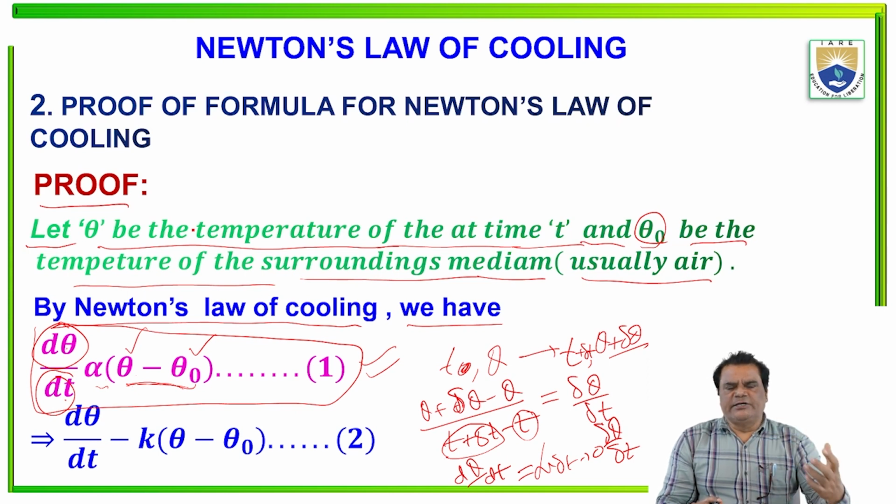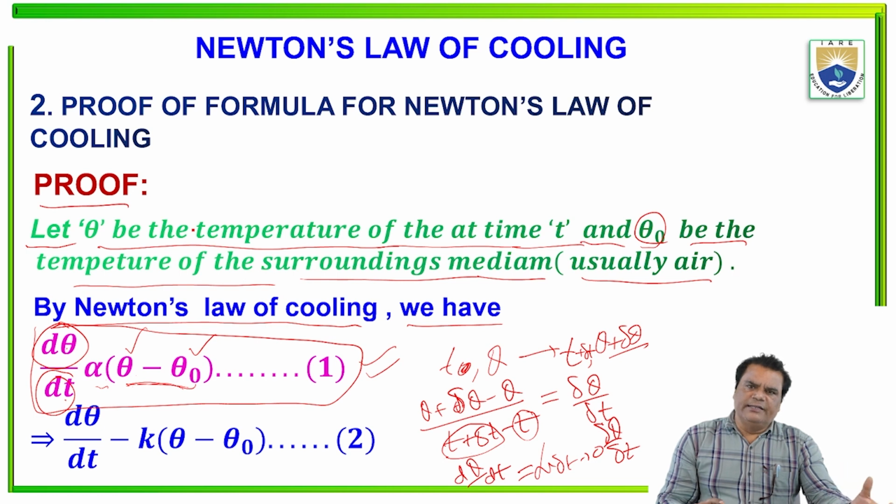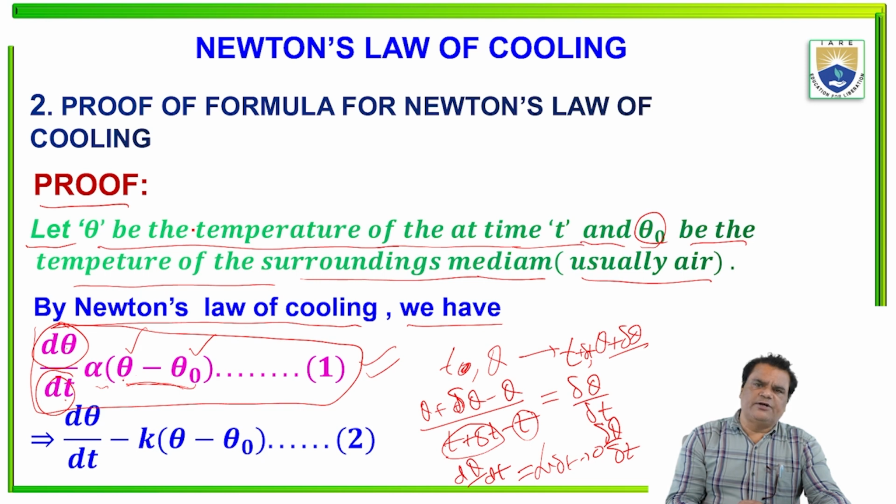So always the temperature of the body is greater than the temperature of the medium. So the difference is the temperature of the body minus the temperature of the surrounding medium. Theta naught is the temperature of the surrounding medium; usually we take air medium. So this implies that d theta over dt is equal to minus k times theta minus theta naught.